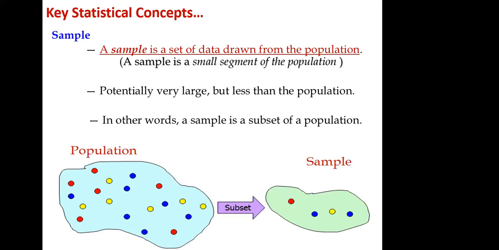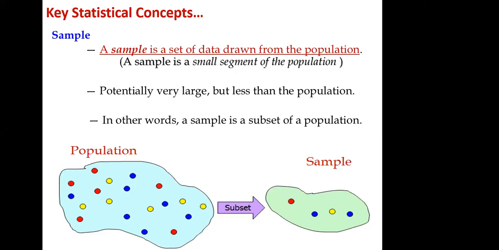Sports science students have just 4 or 5. The CIS students are lucky, they have 1 year. So based on our time and economic background, sometimes we can't go for the whole population to collect our data.